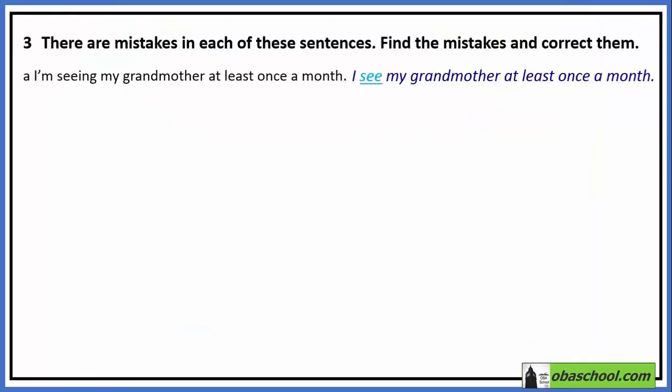Now let's together look at the mistakes and correct them. Let's go to the second sentence. B. We'll phone home when we'll get to the hotel. In the sentence, the word which helps us to find the mistake is when. We previously said that when we have a sentence that has when and the sentence refers to something in the future, the verb of the sentence must be written in the simple form.